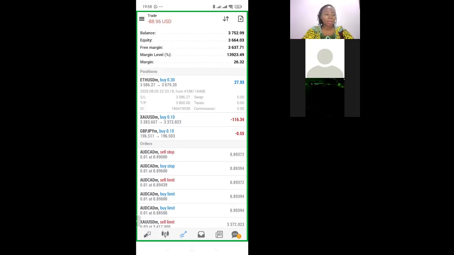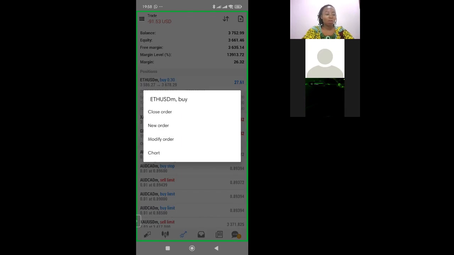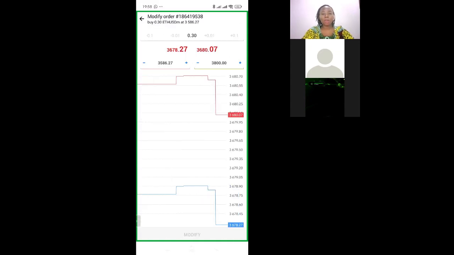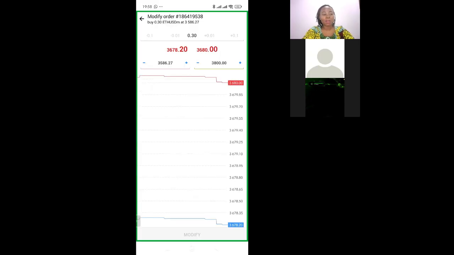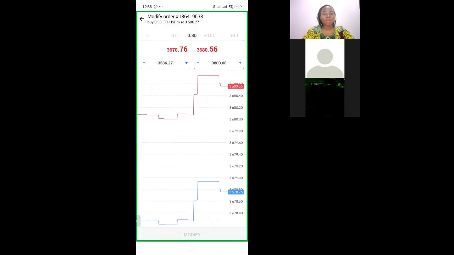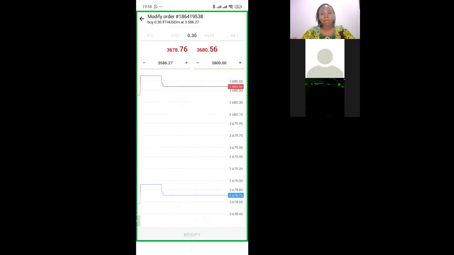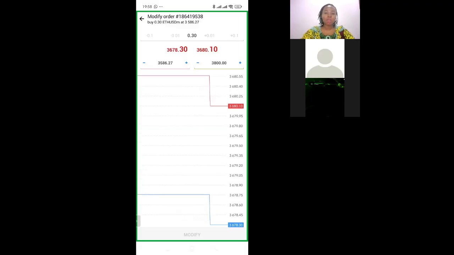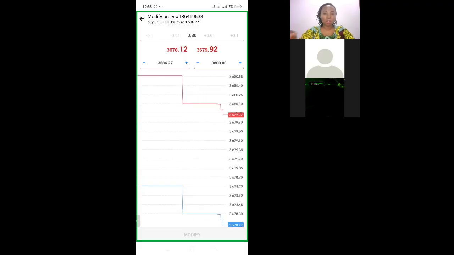Now, what do you mean when they say trail your stop loss? Trailing your stop loss simply means that, our stop loss is still at entry, 3586, and the market is at 3680. In the case of a buy, as the market is moving upwards, you keep adjusting your stop loss upward.